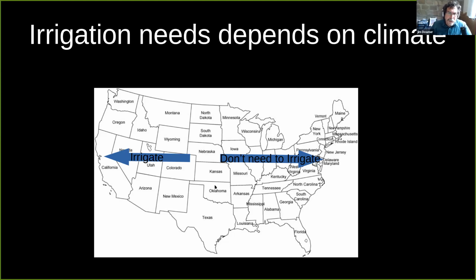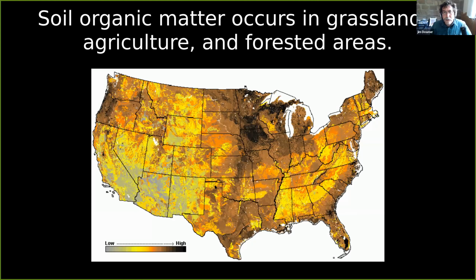And some of this is tied to the amount of organic matter in the soil. The wet places have huge amounts of organic matter, and we see that up here along the Pacific Northwest where it's very dark. The dry places have less organic matter.